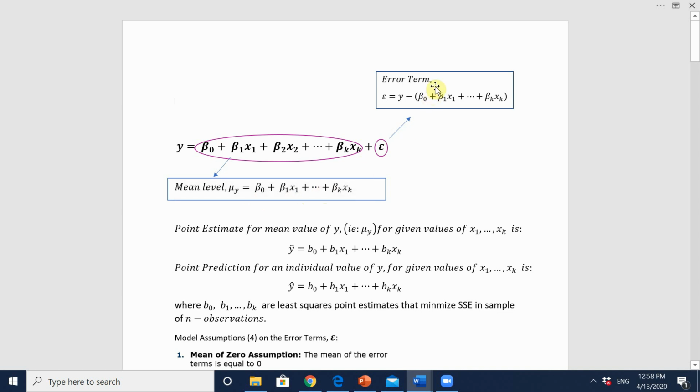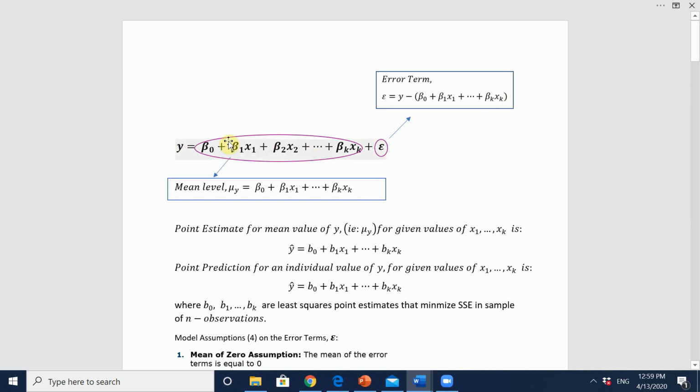And then here on the other hand, we have the error term, which is what describes the effect on y, the dependent variable, of all factors that are not included in the x1 to xk independent variables.